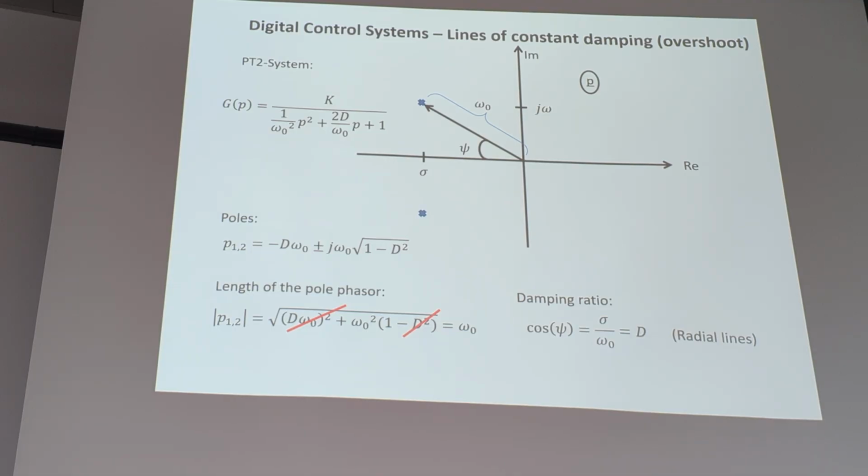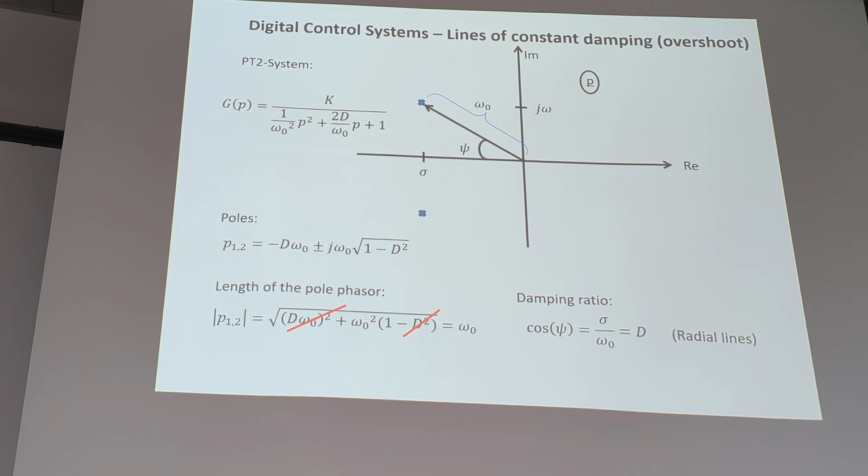Down below we have the poles written with d and omega 0, and the length is omega 0, and d is the cosine of this angle from the real axis to the pole phasor. Okay.